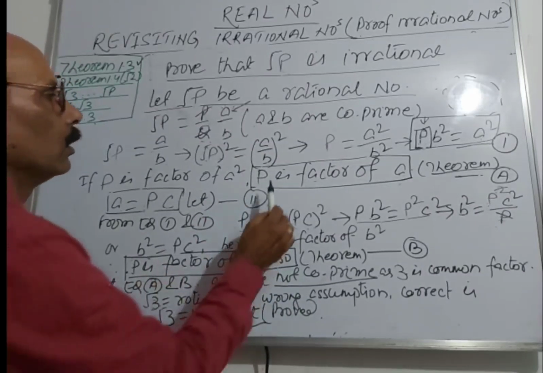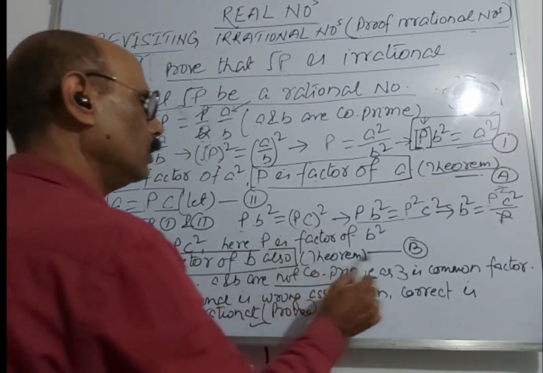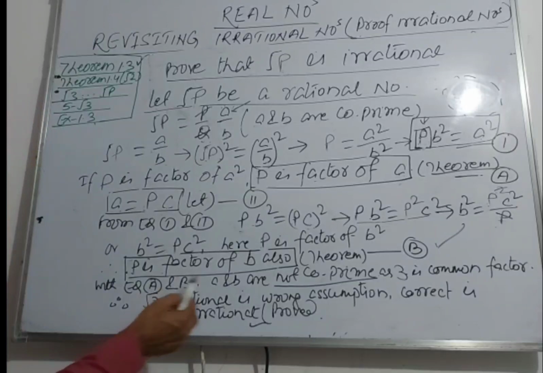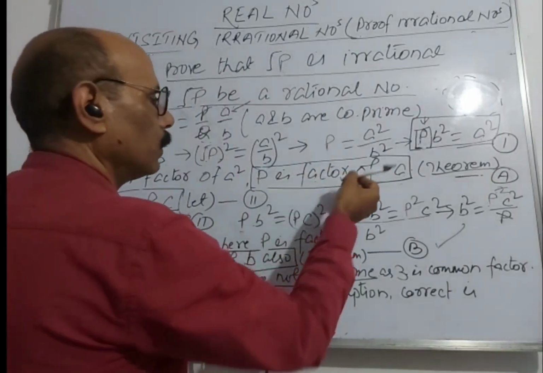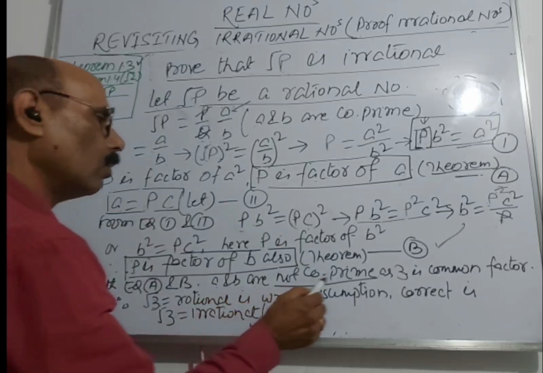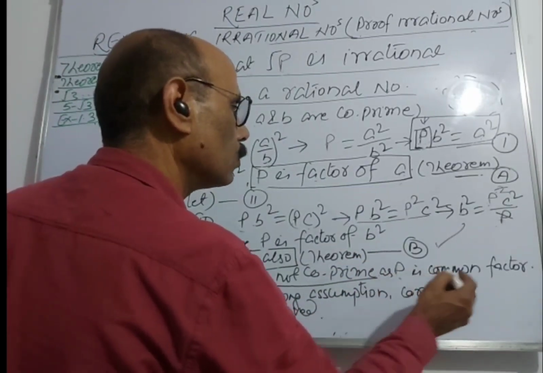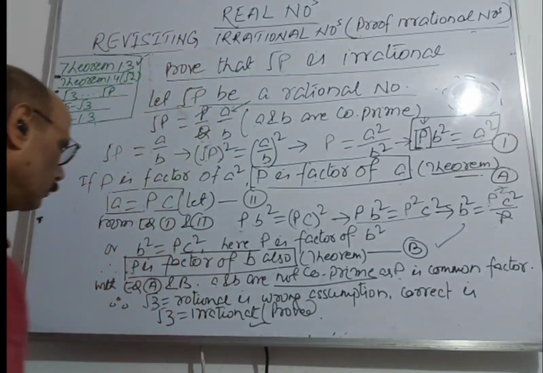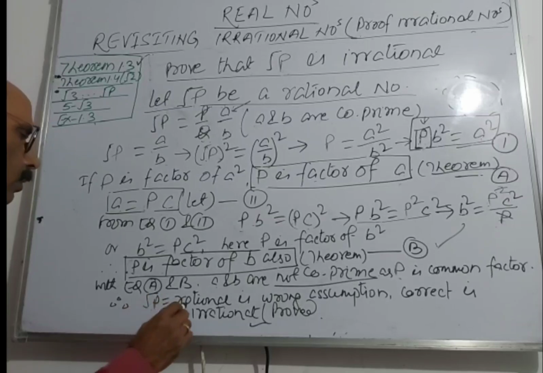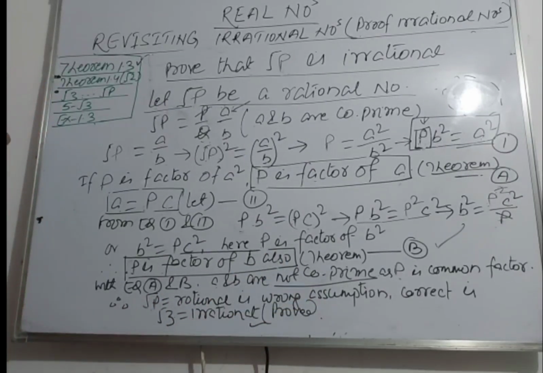Here we have proved that earlier p is a factor of a, and here p is a factor of b. With these two equations, p is a factor of a and p is a factor of b, so a and b are not co-prime as p is a common factor. That's why the assumption that root p is rational is wrong.